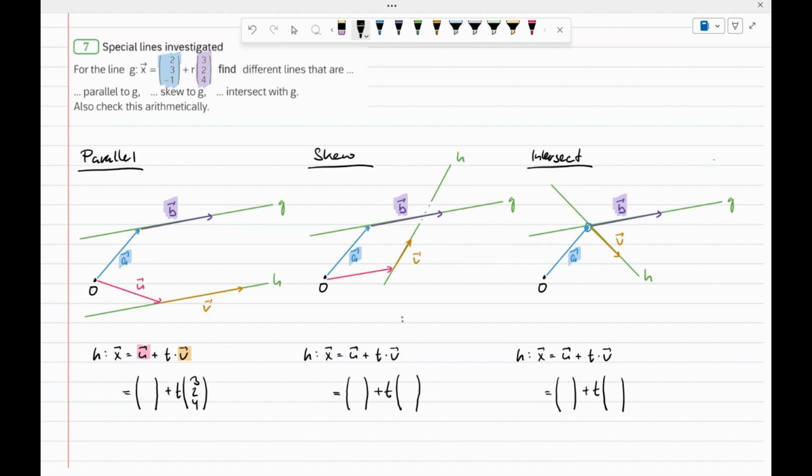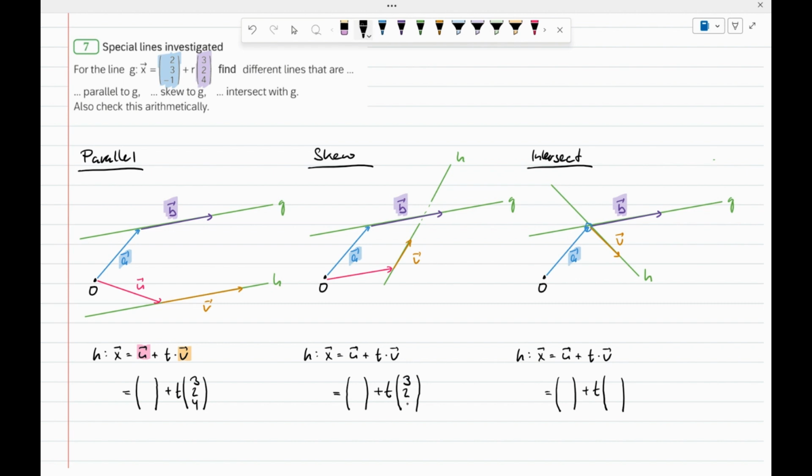Kind of a different situation for the skew one. Here we need to make sure that they are not collinear, right? So this means, well, pretty easy. We can just change one component, and then they become not collinear. So let's change the third component.